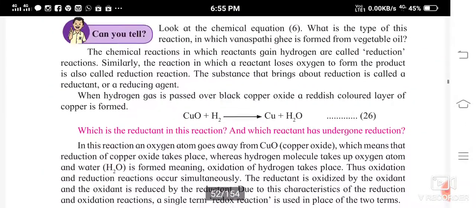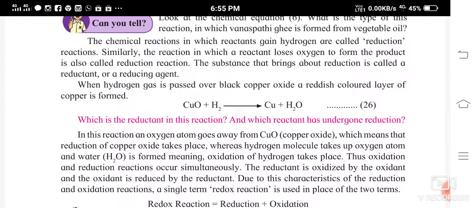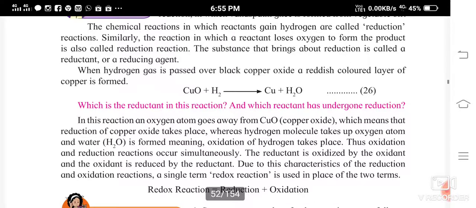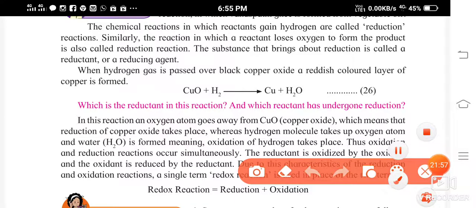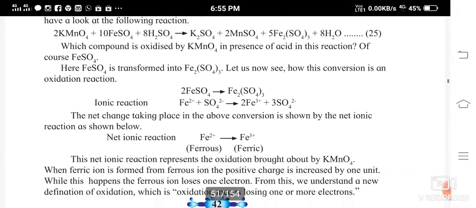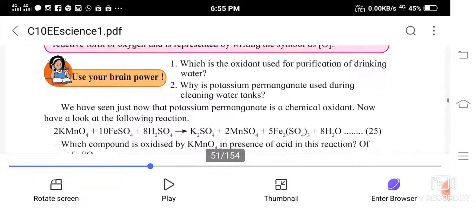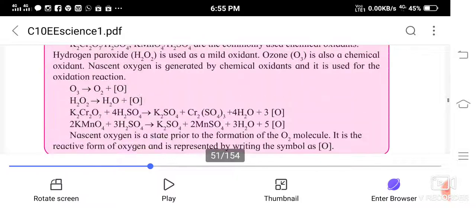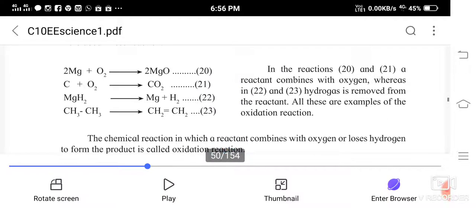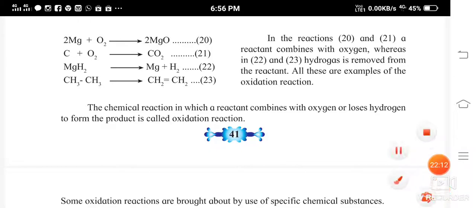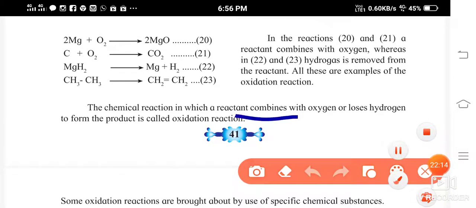See, the chemical reaction in which reactants gain hydrogen is called a reduction reaction. Similarly, the reaction in which the reactant loses oxygen to form the product is called a reduction reaction. Just the vice versa, okay? Just see, I'll show you. In oxidation, what was the definition? The chemical reaction in which the reactant combines with oxygen.